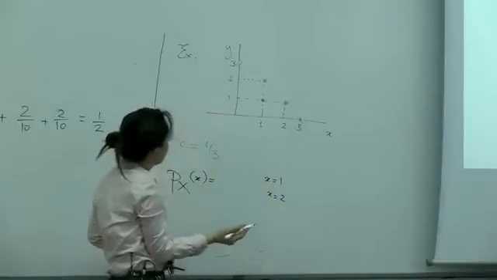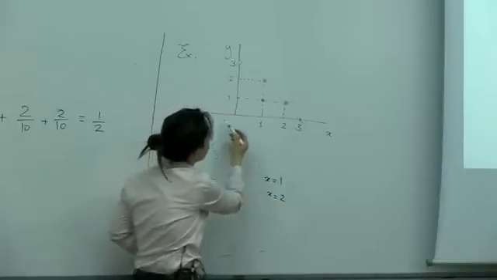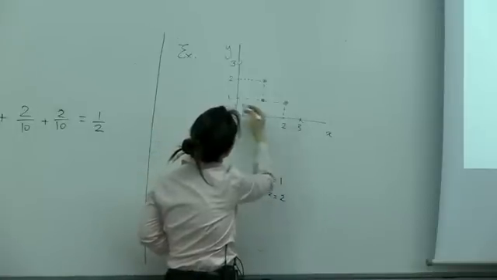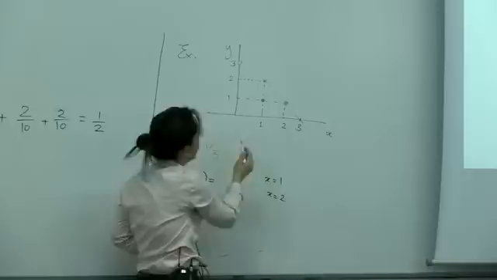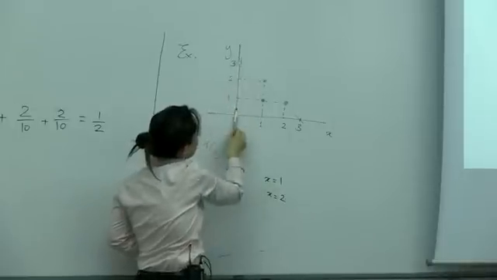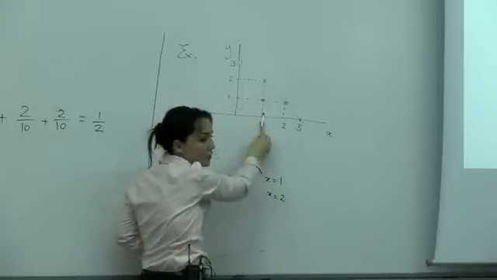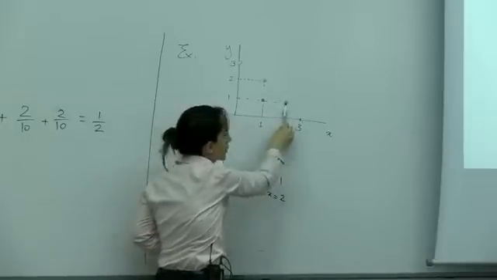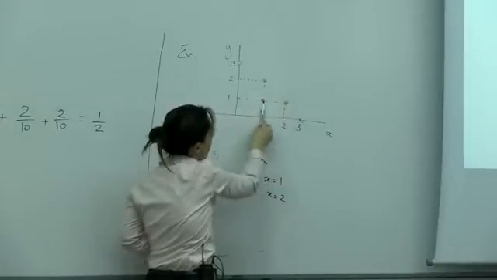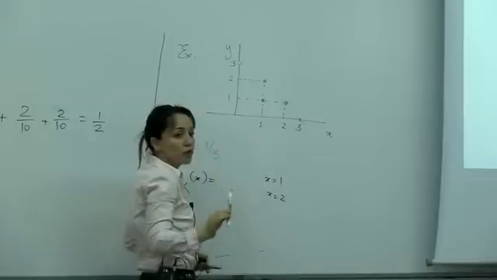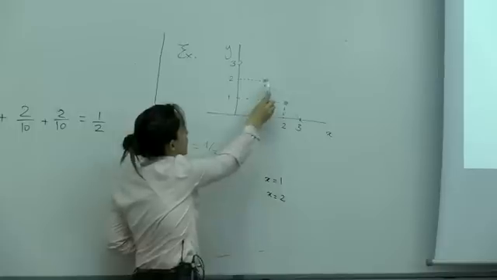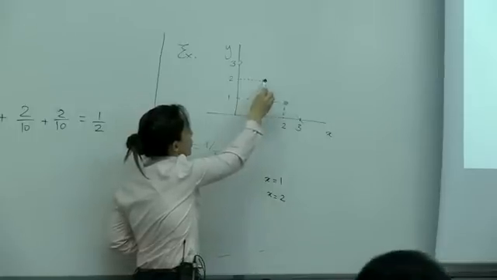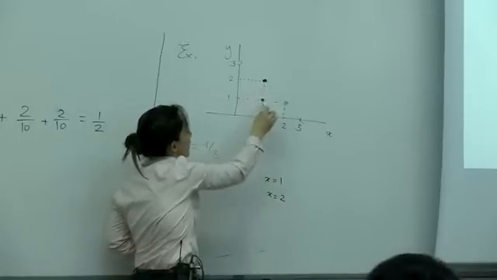That's it. If you look at x, for all y, x is 0 is not possible. X is equal to 1 is possible, and x is equal to 2 is possible. Okay, x is equal to 1 includes 2 different events: x is 1 and y is 2, or x is 1 and y is 1.